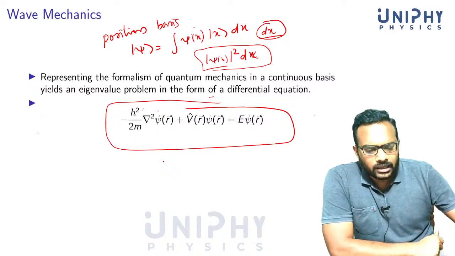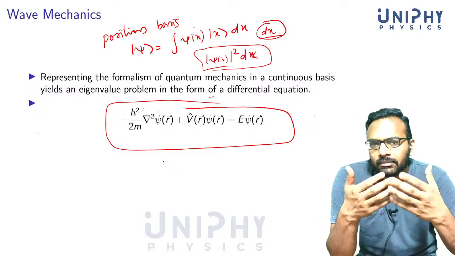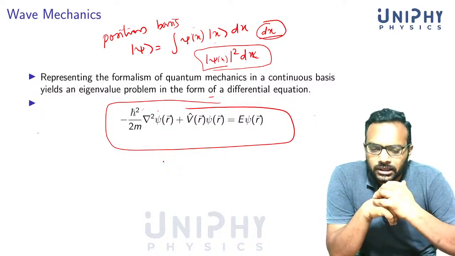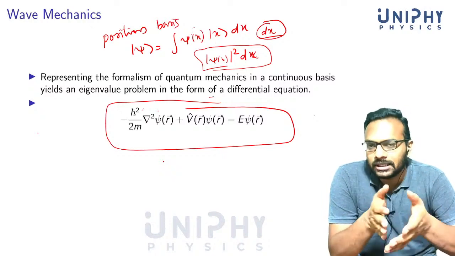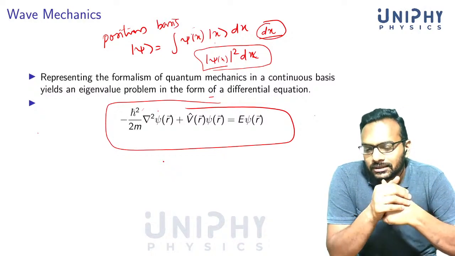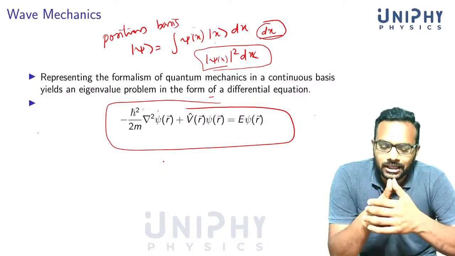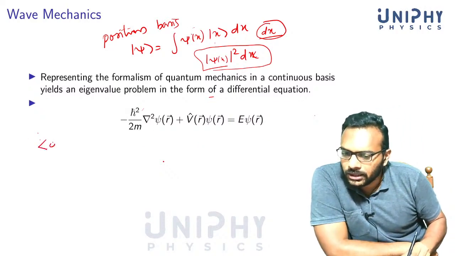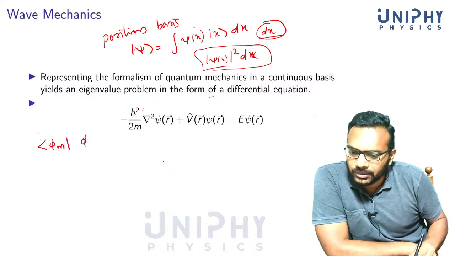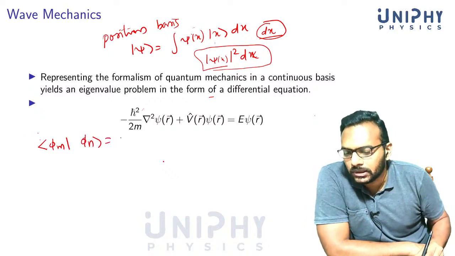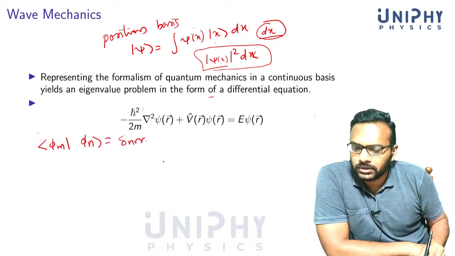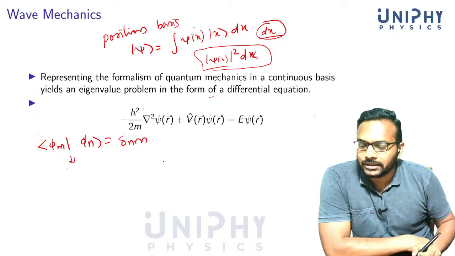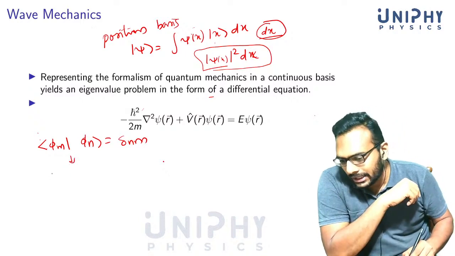In order to deal with the mathematics of a continuous basis, you may have to get familiarized with some more tricks, because they are continuous. For example, the condition of orthonormality. In the discrete case, it was simply phi m with phi n equal to delta nm. We can construct a similar orthonormality relation for continuous eigenvectors also.